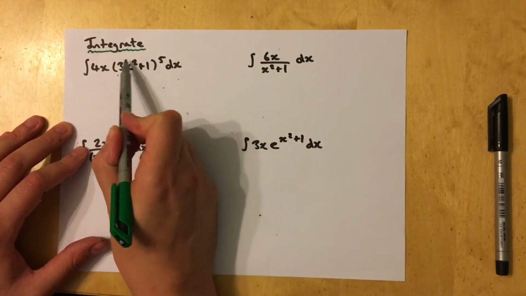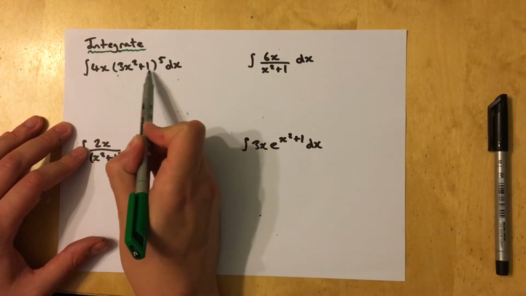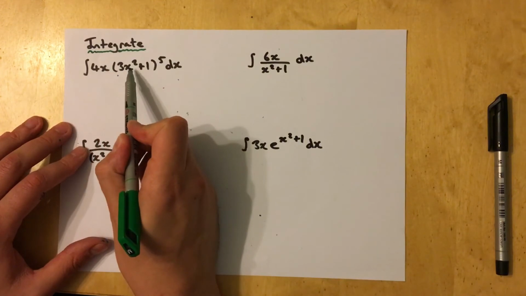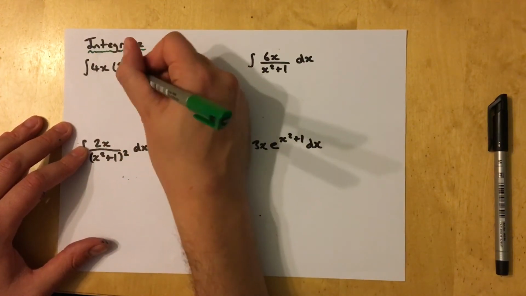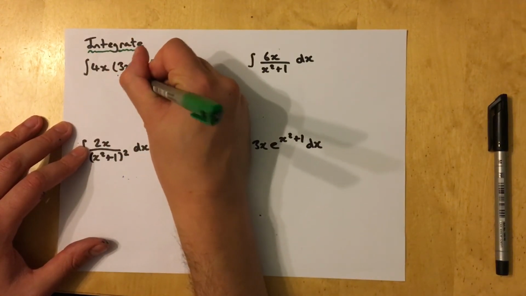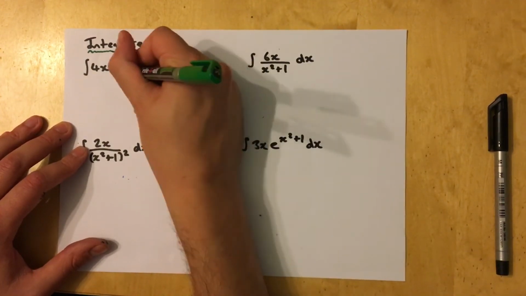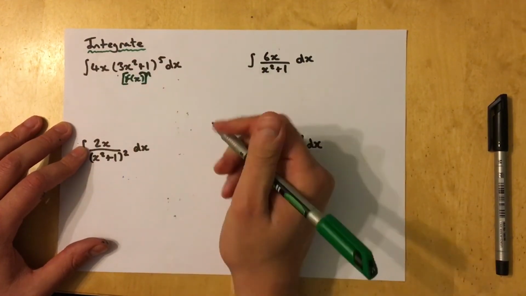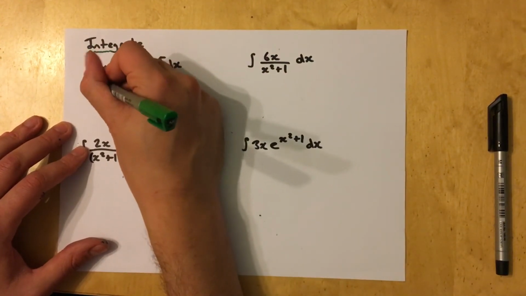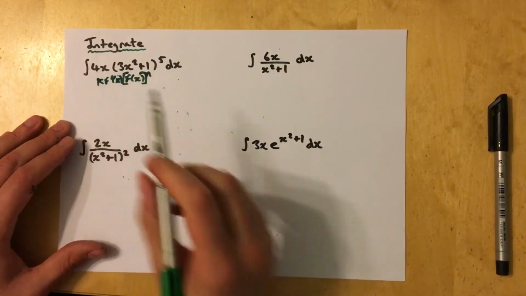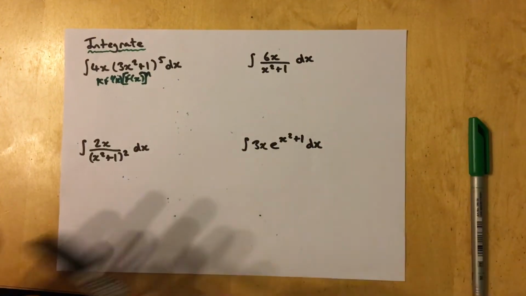The function here is a simple quadratic, and I've got a very simple linear function at the front. So this is in the form where we've got a function being raised to a power, and in front of that a multiple of the derivative of that function, k f dash of x. I've spotted that it's in that form, so I know I can reverse the chain rule.